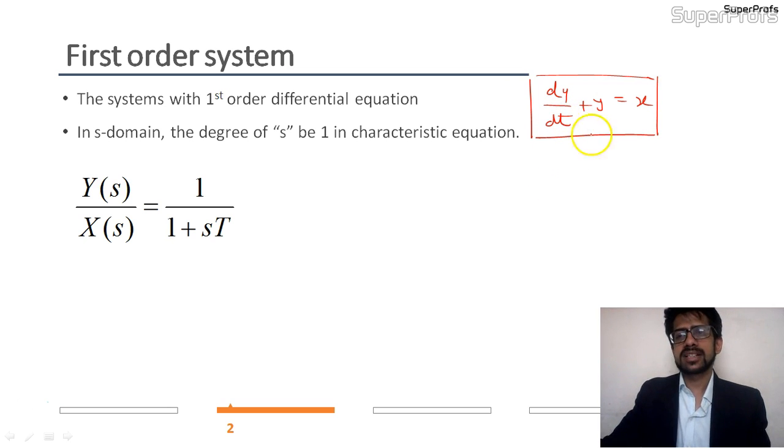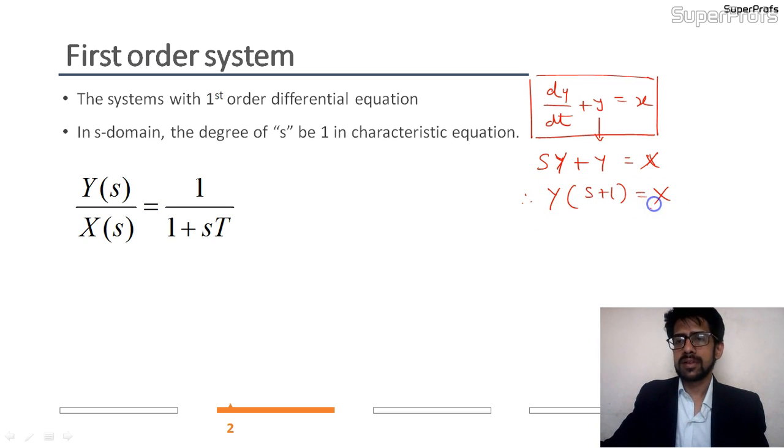Now if you take a Laplace transform of this equation, you will get s into Y plus Y is equal to X. I have introduced capital Y for small y and capital X for small x. Taking Y as common, Y into s plus 1 is equal to X, and therefore the first order transfer function will be Laplace transform of output upon input, that is Y by X is equal to 1 upon s plus 1.